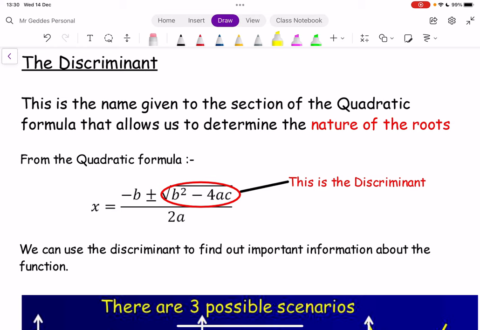Copy that, please. Okay, so take a wee minute to copy that down, and then I'll talk through it.